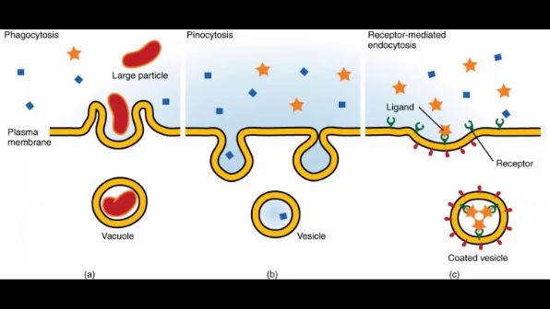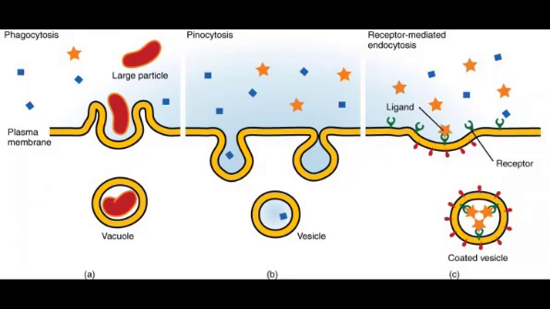In figure B, it is pinocytosis. The cell takes in small particles in fluid. And in figure C, in contrast, receptor-mediated endocytosis is quite selective. When external receptors bind a specific ligand, the cell responds by endocytosing the ligand.